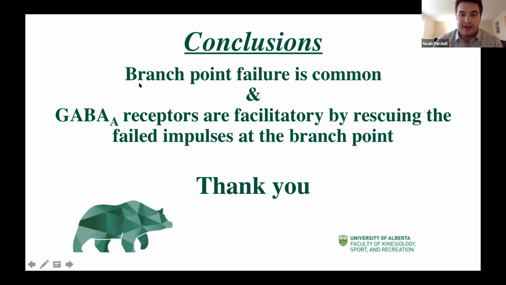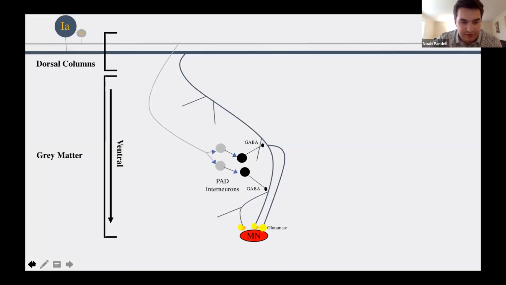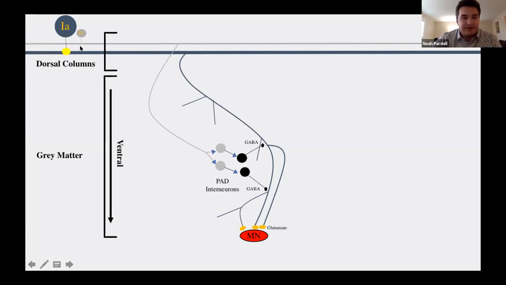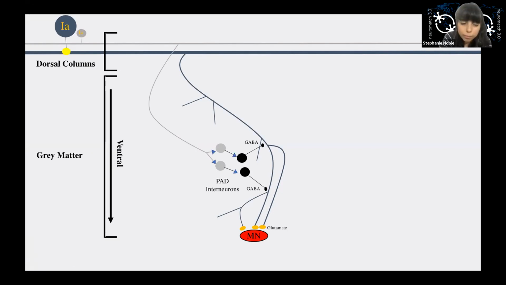So actually cutaneous fibers are, for example, I wonder if this is still sharing, correct? Yeah, perfect. So where are we? Here we go. So as we see here, the 1A afferent in gray is contacting the interneurons, which then contact the branch point. And this is the classical PAD story.